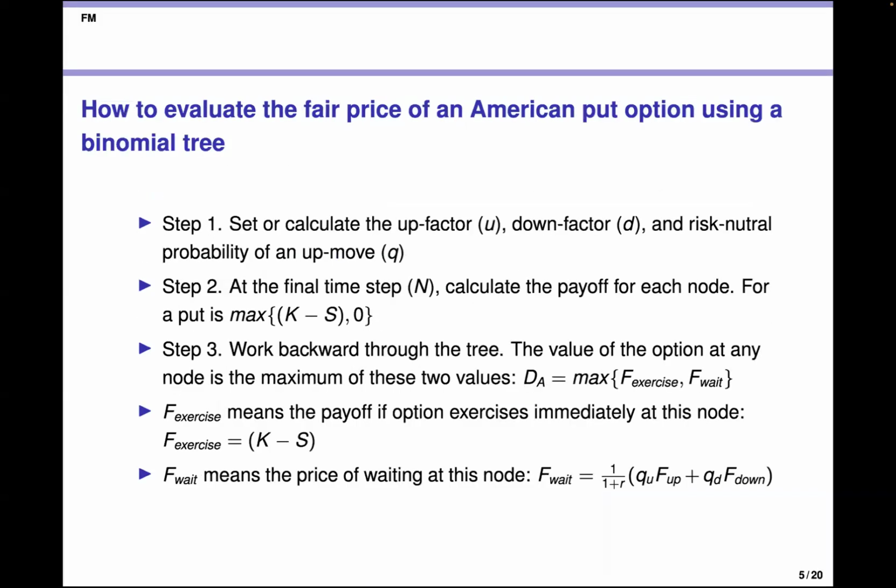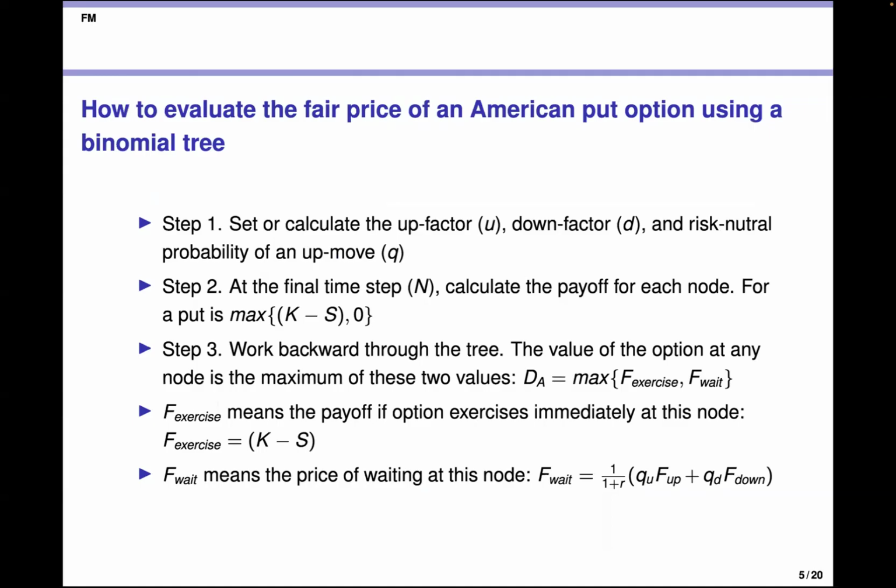How do we evaluate the fair price of an American put option using the binomial tree? We know how to evaluate the European call option, but what is the difference? And how can we evaluate the fair price, I mean the premium, of an American put option?